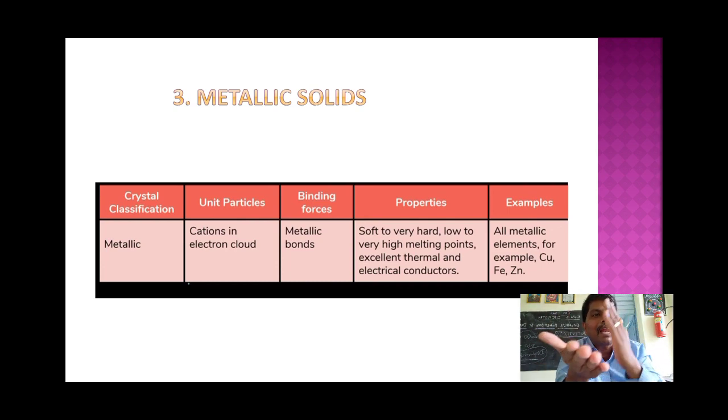Sodium metal you can cut with a knife. Some metals are hard. They have low to very high melting points, because the metallic bond strength varies from metal to metal. They are good thermal and electrical conductors. All metals are good conductors of heat and electricity, with two or three exceptions. Examples: all metallic elements, for example copper, iron, zinc.